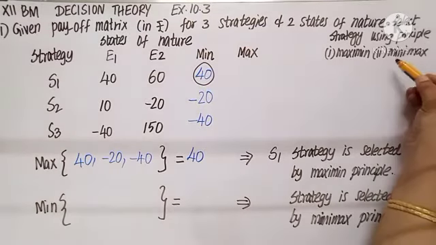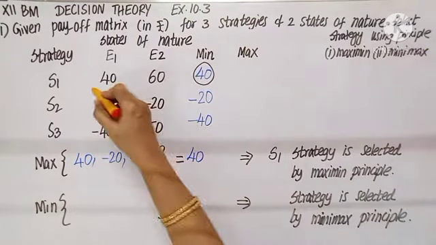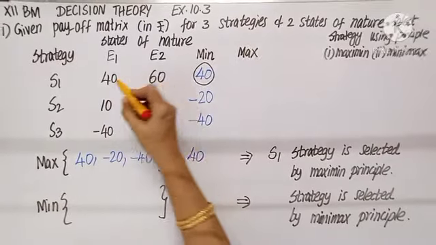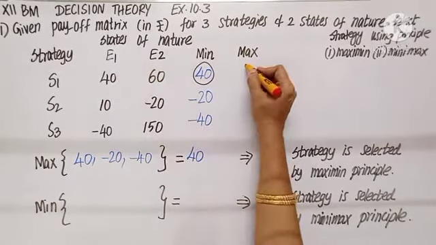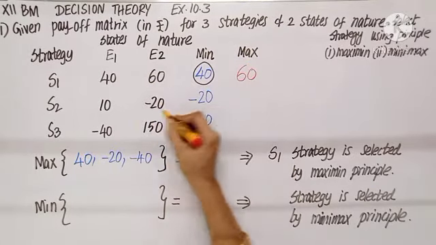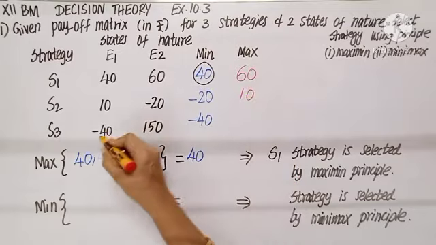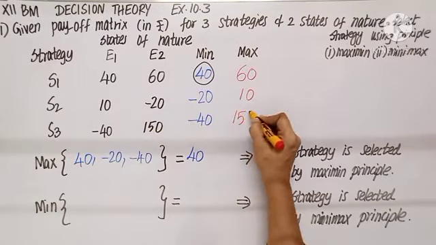The second principle, minimax. Minimax suggests first I have to select the maximum in each row. 40, 60: maximum 60. 10, minus 20: maximum 10. Minus 40, 150: maximum 150.